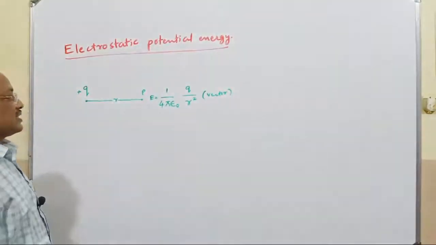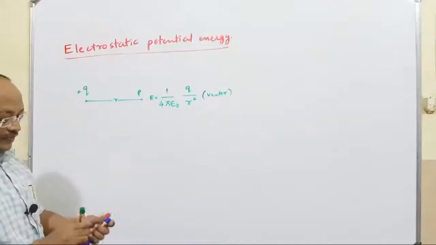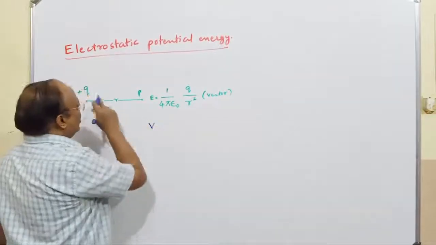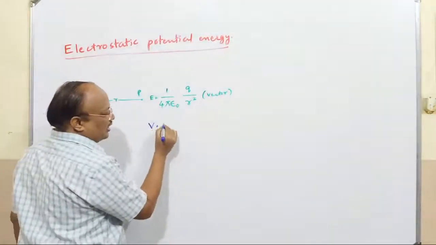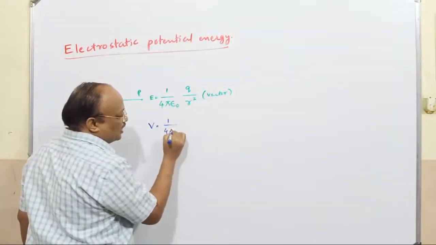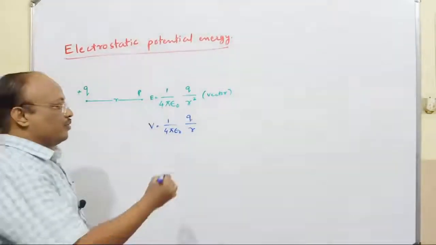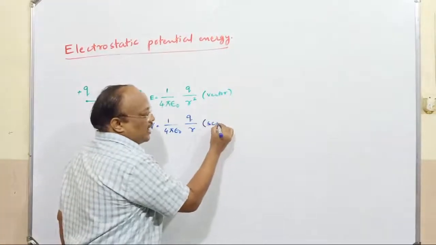If I ask what is the potential at this point P due to this charge, it is 1 by 4 pi epsilon naught Q by R, which is scalar in nature.